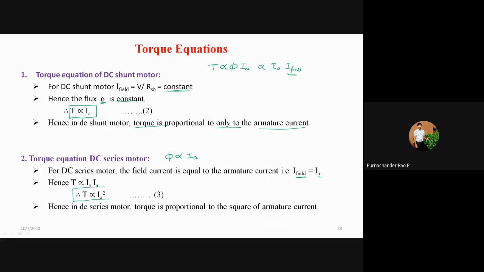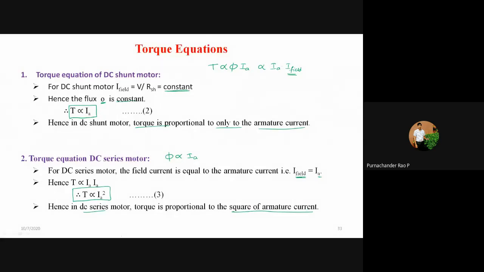This is the square of the current. So the torque produced in a series motor is proportional to the square of the armature current.